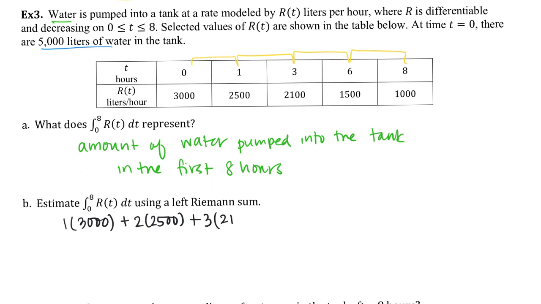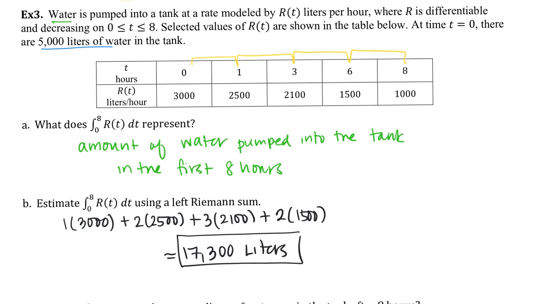The left height is 2,100. Then from 6 to 8, the width is 2. Height is 1,500. Okay, that's going to give me an approximation for the integral from 0 to 8 of R of t. So that's about 17,300 liters of water added in that first 8 hours.